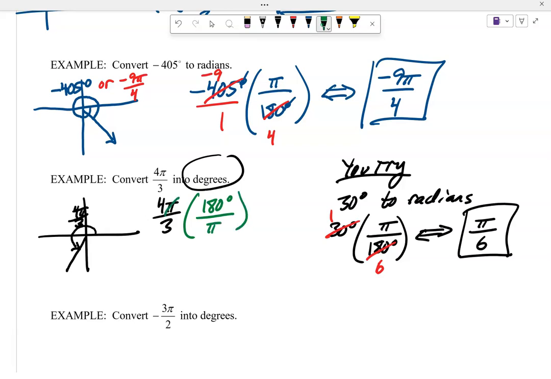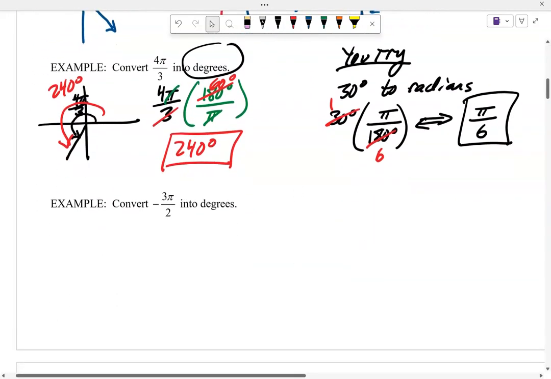Notice my pi's cancel. Now I got 180 times 4 over 3. I know 180 divided by 3 is 60 degrees, and 60 times 4 is 240 degrees. So this is a rotation of 240 degrees.